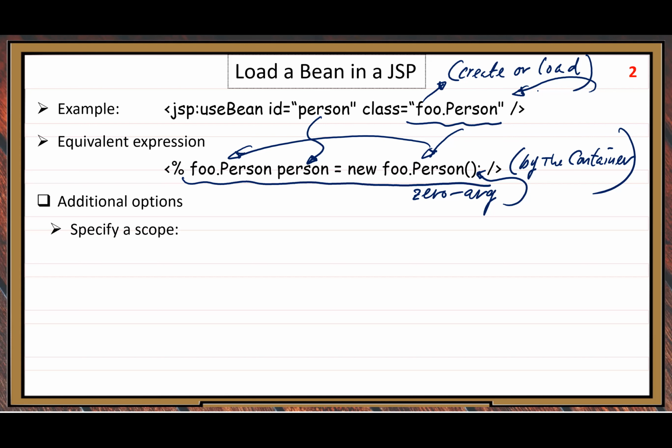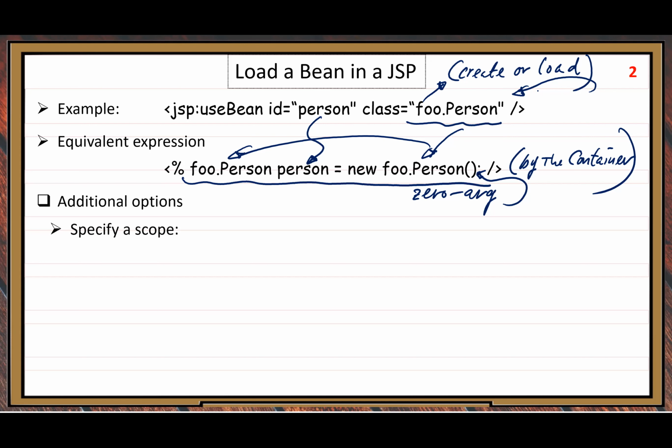But if there is already such a bean inside the JSP context, then you do not need to create it, you just load it. So sometimes we create it because it's a brand new one, but sometimes we do not create it because some previous page already created it, ready for us to grab. In that situation we load it. That's the difference.